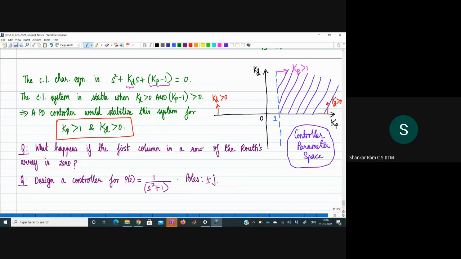What I want you to do is consider this plant and design a closed loop control system for this particular plant. I will leave this to you as an exercise. Please try out this problem, and then we will discuss this in our next class.